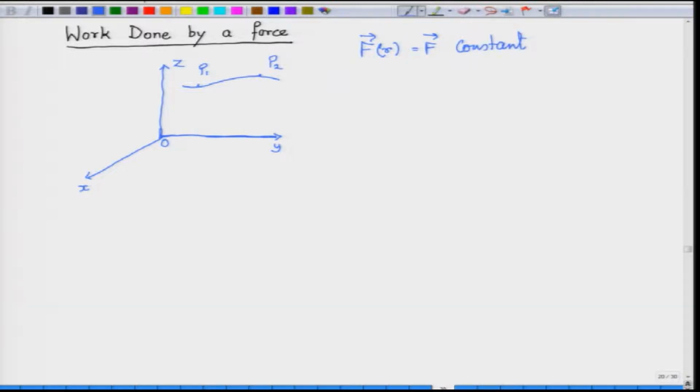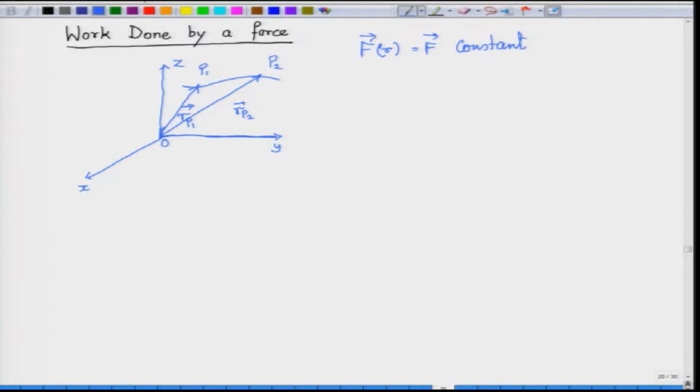Now, suppose this is r P1, my position vector of P1, and r P2 is my position vector of P2.